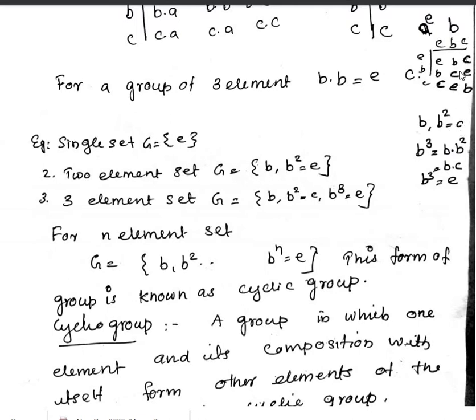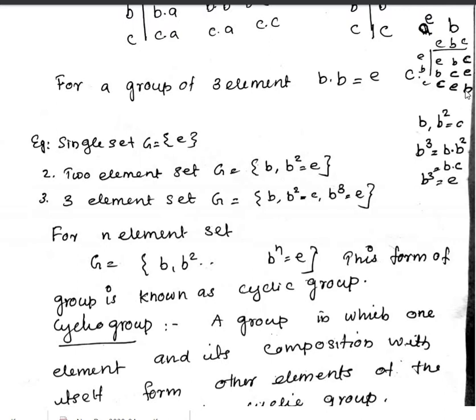So let us examine what the identity element E is. Let us evaluate what B cube is. We know that B cube is equal to B into B square. So what is B square? B square is nothing but C. So that is equal to B dot C. What is B dot C?